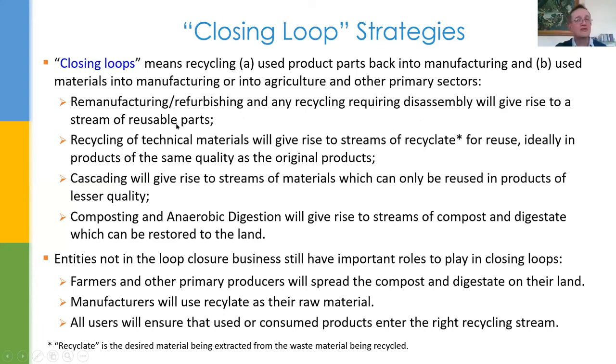So you can have recycling of parts, and it's better to recycle a product part because their value has gone into that part. Materials and energy have been processed to make that part, and so the longer you can maintain that value, the better it is. And so it is better to recycle a reusable part rather than just smash up that part and reuse the materials which it is made of.